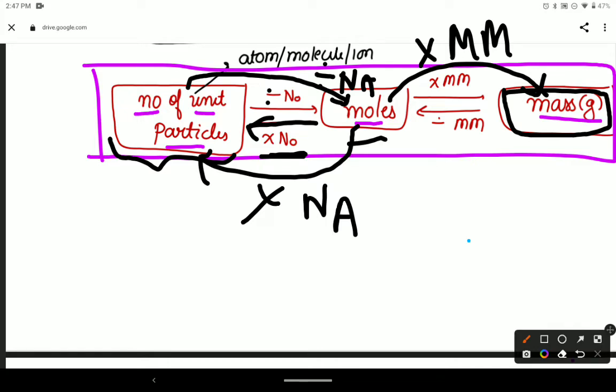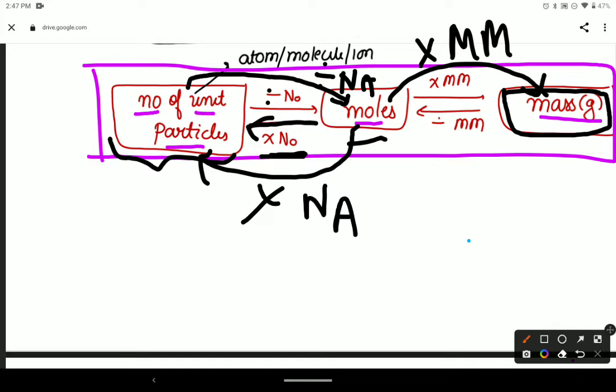We will be given a question, right? In that question, some amount of that substance will be taken, so that is called here mass. So we are given the number of moles and we are asked to find the mass, so we will calculate it by multiplying with molar mass.